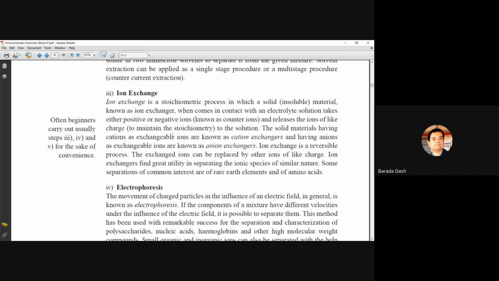So the solid material having cations as exchangeable ions is known as cation exchanger, and having anions as exchangeable ions is known as anion exchanger. Ion exchange is a reversible process. The exchanged ions can be replaced by other ions of like charge. Ion exchangers find great utility in separating ionic species.